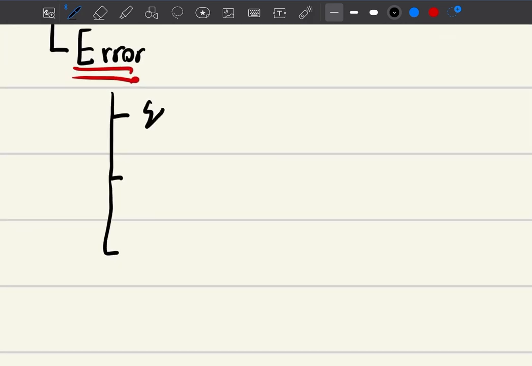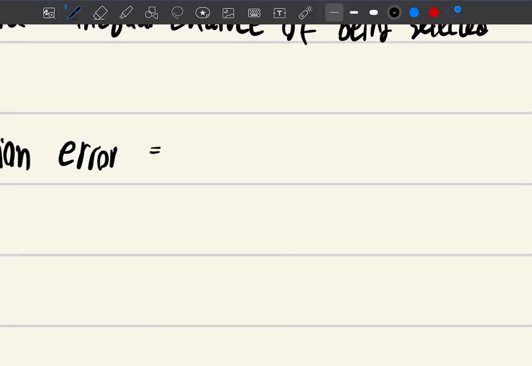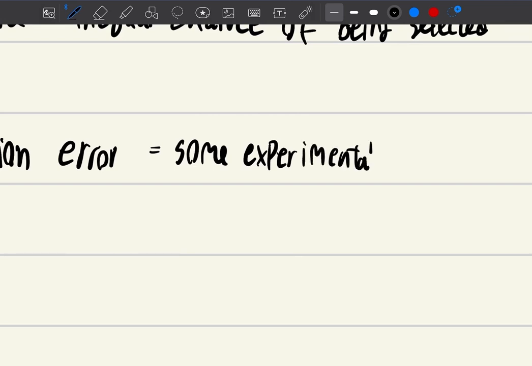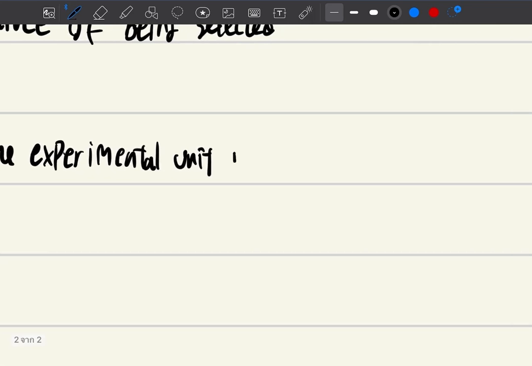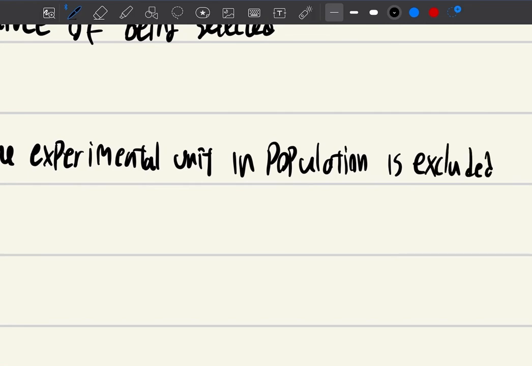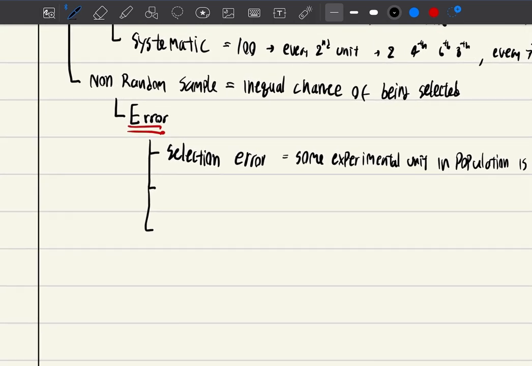First is selection error. Selection error is when some experimental units in the population are excluded, so they will not have an equal chance of being selected anymore.